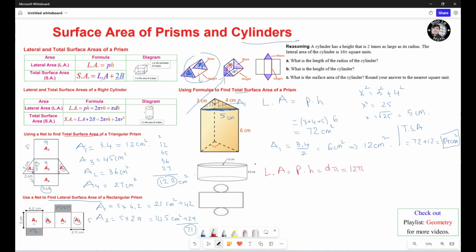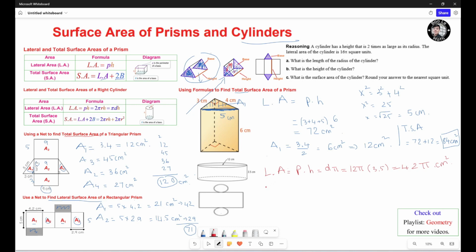Now you multiply by the height. The height equals 3.5. 12 pi times 3.5 is 42 pi. This is square centimeter.